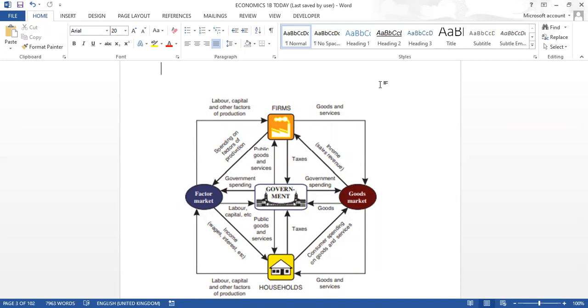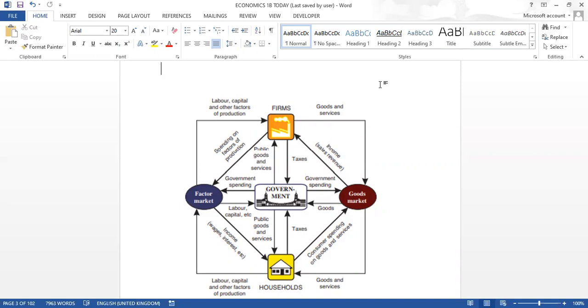In any economy, we have two main participants, which are the households and the firms. And we have auxiliary participants like your government and your foreign sector when we have an open economy. But in a closed economy, we usually have two main participants, which are the households and the firms.